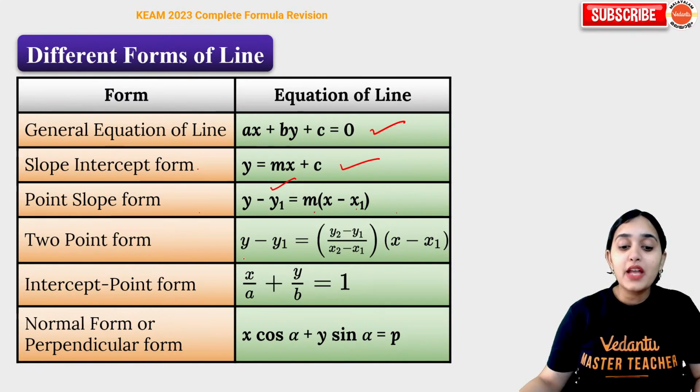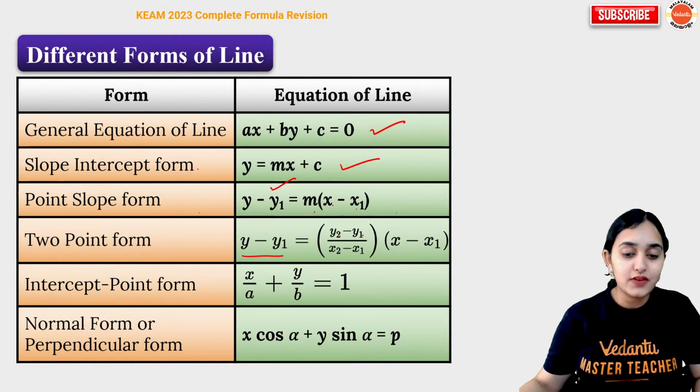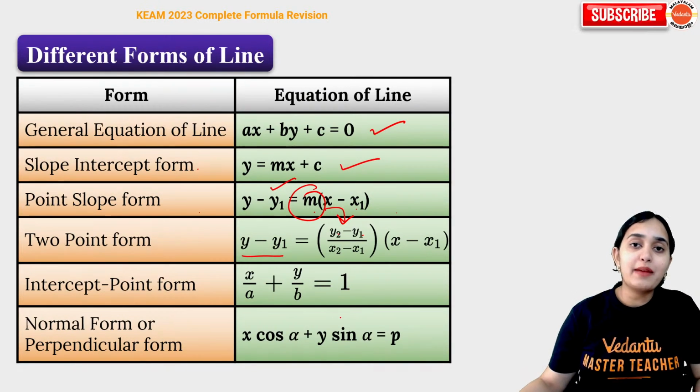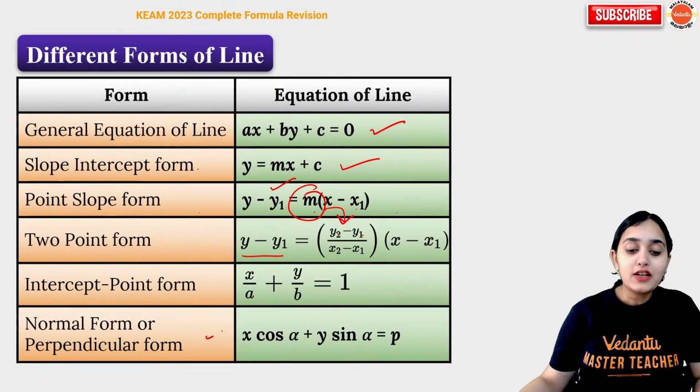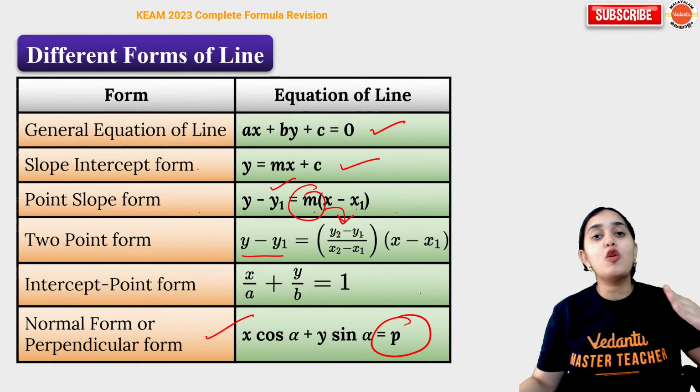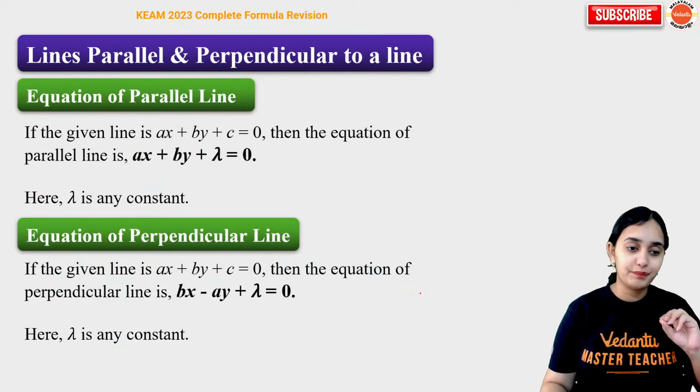Two point form: y minus y1 is y2 minus y1 upon x2 minus x1 into x minus x1, because m is the same as this. Intercept form: x by a plus y by b is 1. And normal form is x cos alpha plus y sin alpha is p. What is p? p is the distance from origin, remember.